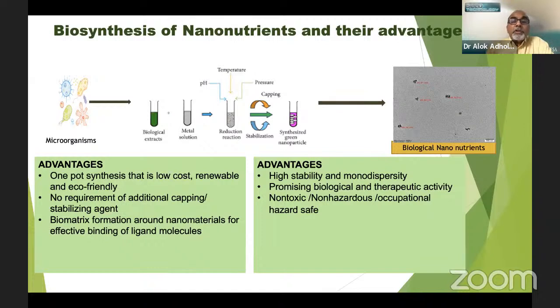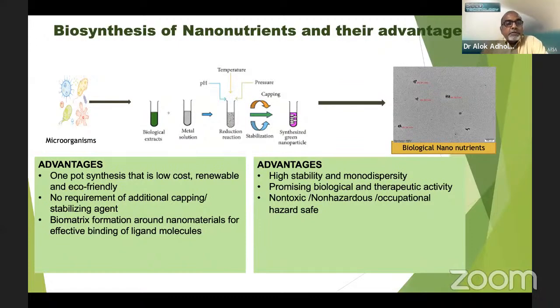And the biomatrix formation, which occurs naturally from this process, allows us to load different functional materials on them. So that becomes a playground through which we can provide a number of different safer materials to deliver for those advantages of seed loading or foliar spread.